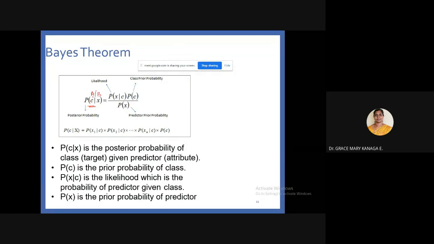Please note it down. Probability of C on occurrence of X, because I wanted to predict this class C on occurrence of X. Are you able to understand?